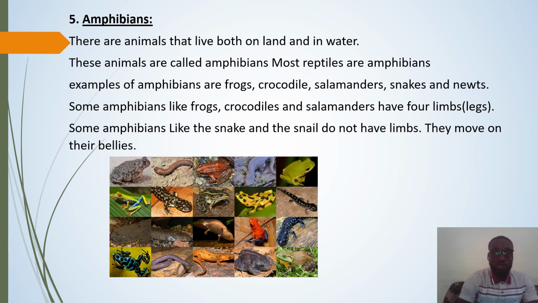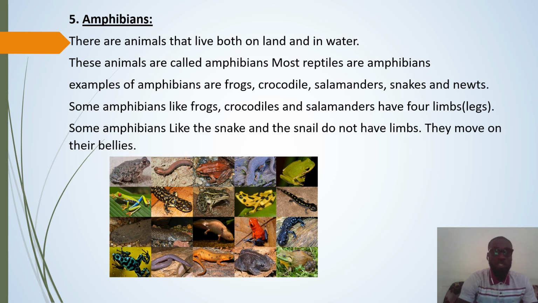Good. So we've been able to identify what a living thing is, and some examples of living things. We've come up with what a non-living thing is, and some examples of non-living things.